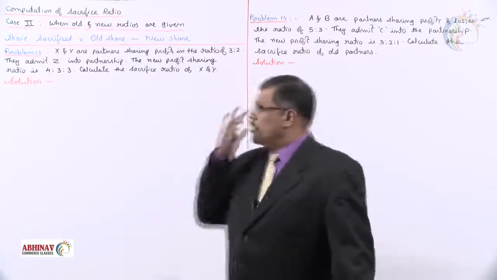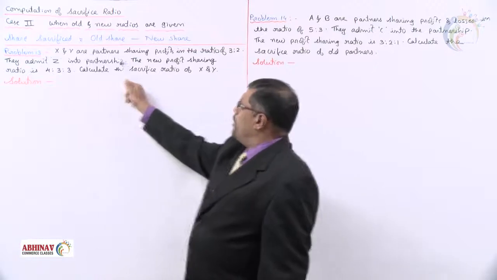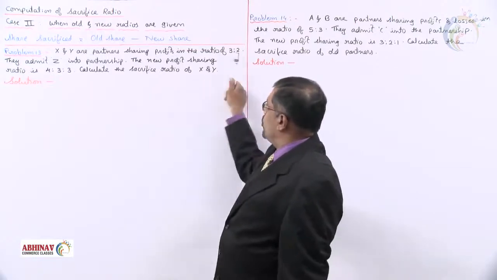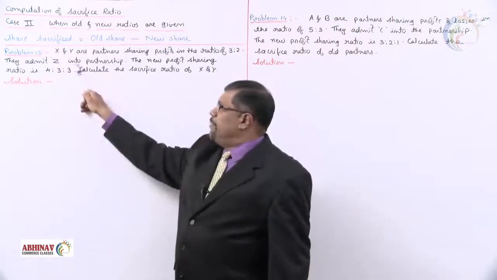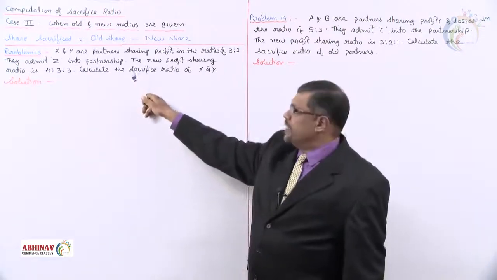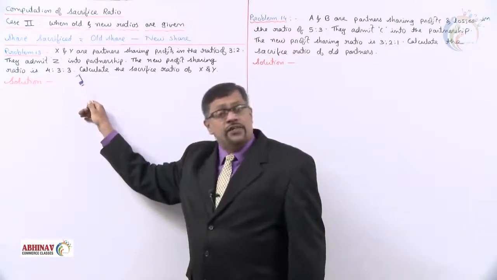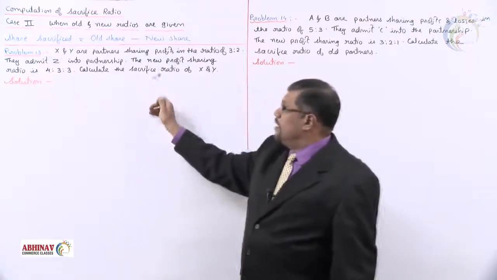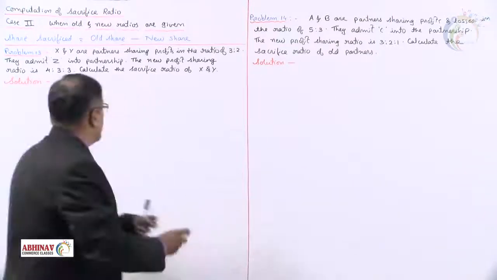Let's see what the problem says. X and Y are the partners sharing profits in the ratio of 3:2. Old ratio 3:2. They admit Z into partnership. The new partner is Z. The new profit sharing ratio is 4:3:3. Calculate the sacrifice ratio of X and Y. Very simple.